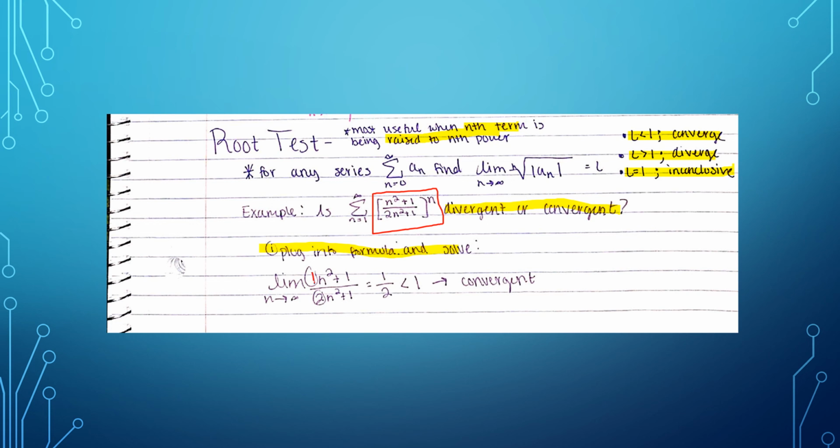And we know that there is an imaginary 1 in front of this n squared. And so we have the limit as n approaches infinity of n squared plus 1 over 2n squared plus 1. And since our variables are raised to the same power, we can take the coefficients of that to give us our limit answer. This answer is less than 1, so we know that our series converges.